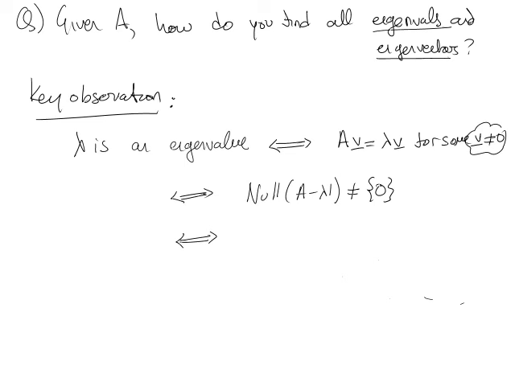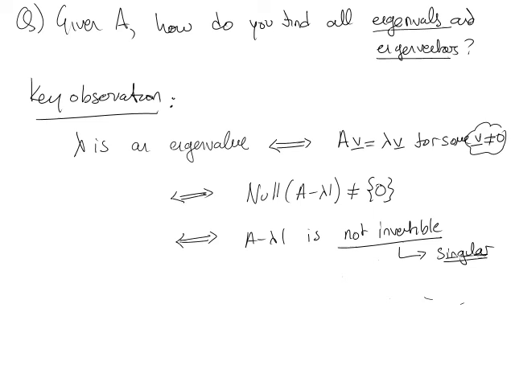So using that theorem, we see that this is equivalent to saying that A minus lambda I is not invertible, right? So if the homogeneous system A minus lambda I v has a non-trivial solution, then it's not invertible. And we're going to use the words not invertible a lot, so I'm just going to define an alternate term for it. It's the word singular.